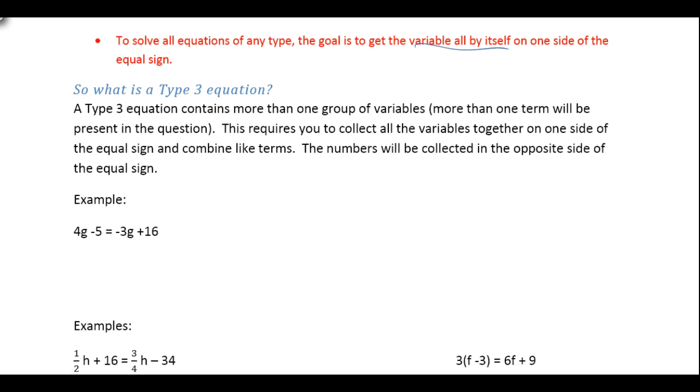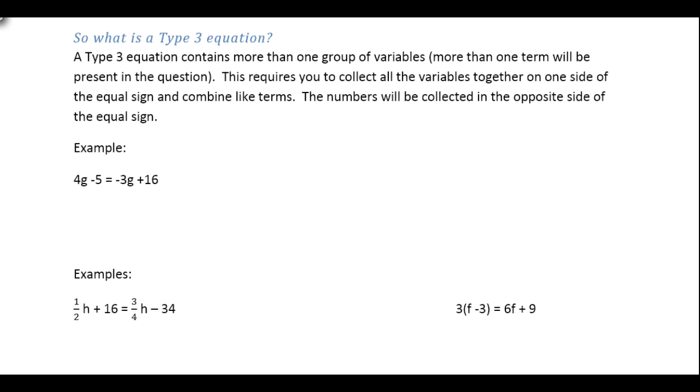The first example is 4g minus 5 equals negative 3g plus 16. What makes this a type 3 equation is that I have g's on both sides, so I have to get all the variables on one side.